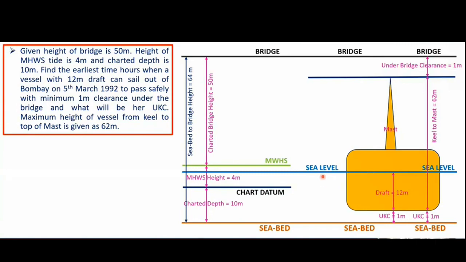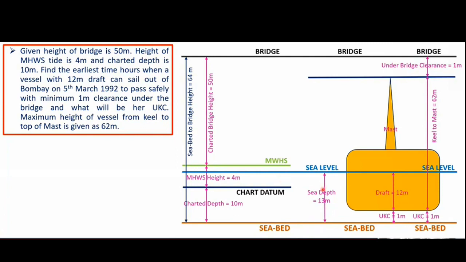The depth of the seabed from the sea level becomes the depth of the sea at that point of time, which becomes 12 plus 1, that is 13 meters. And what does the depth of the sea comprise of? It comprises the charted depth and the height of the tide.